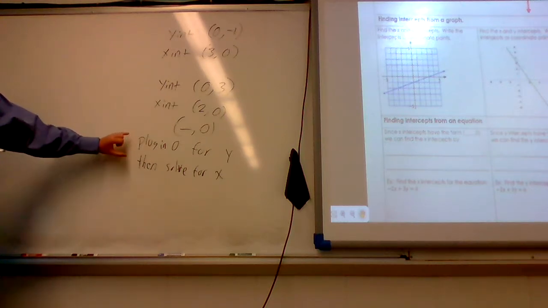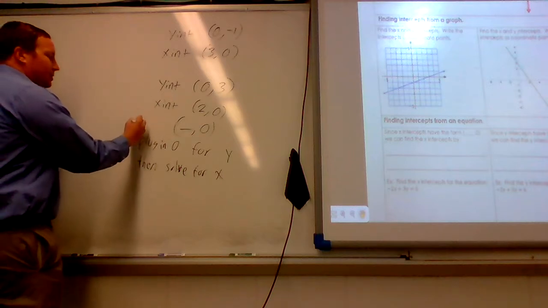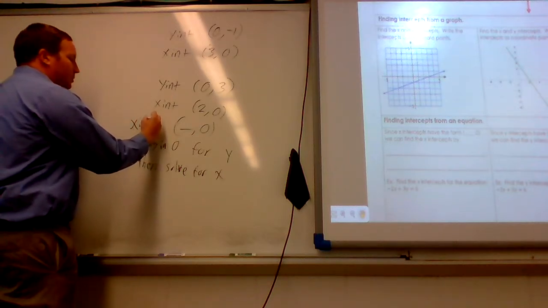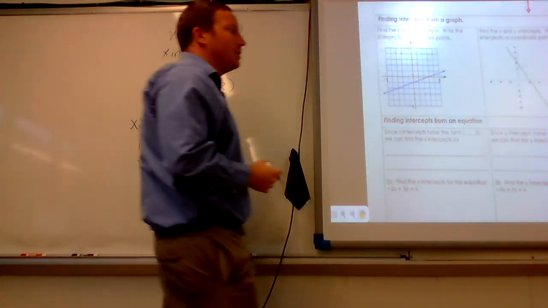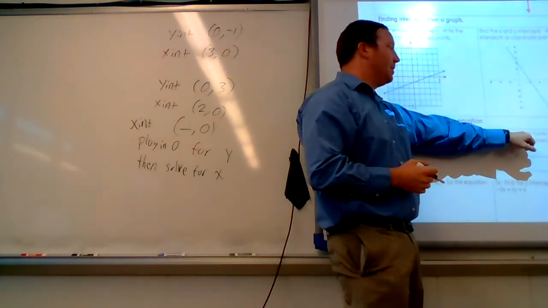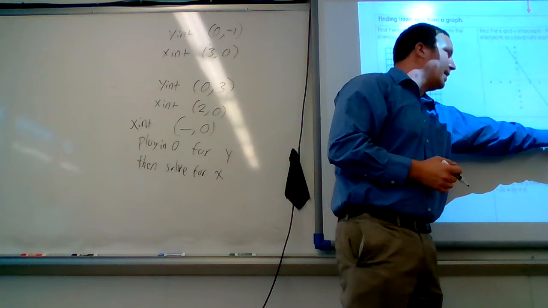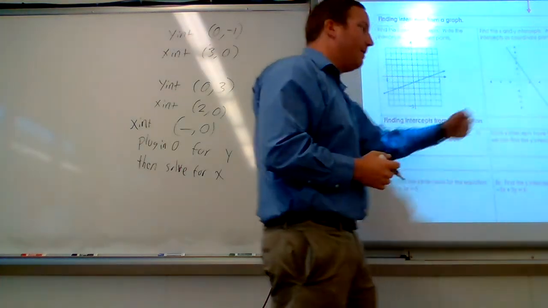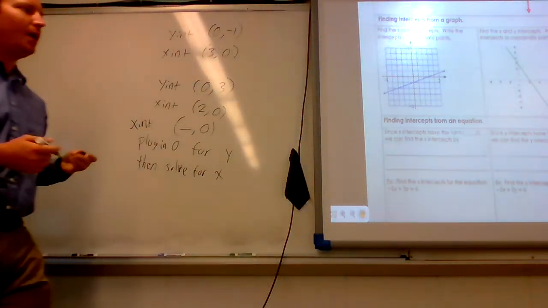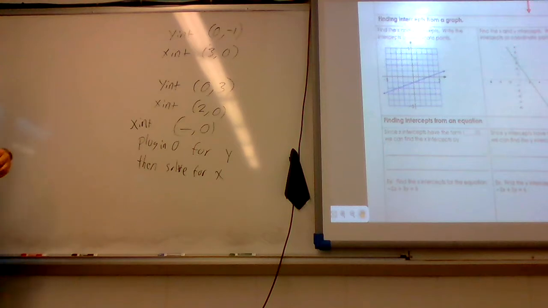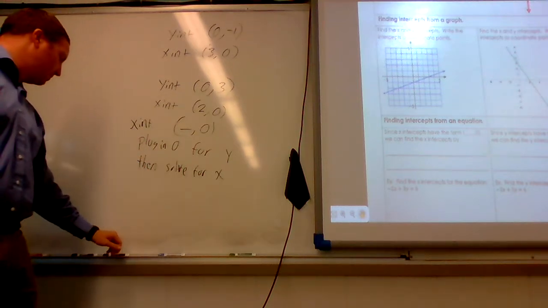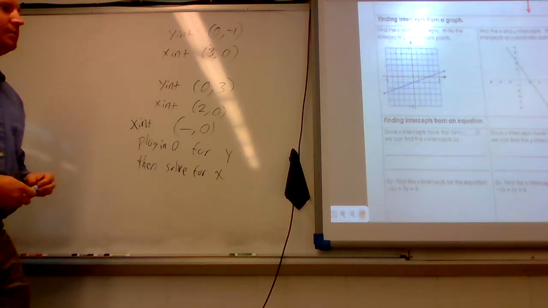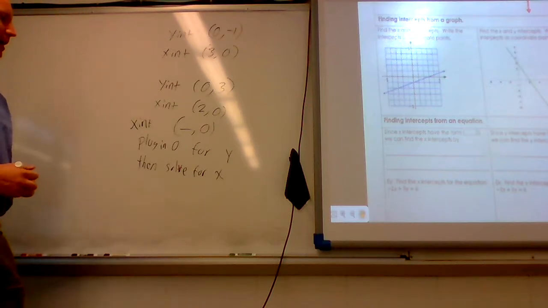And if this is true to find our x-intercepts, the opposite is going to be true to find our y-intercepts. So since our y-intercepts have the form of 0 for our x value and whatever our y value is, we can find our y-intercepts by plugging in 0 for x and then solving for y.